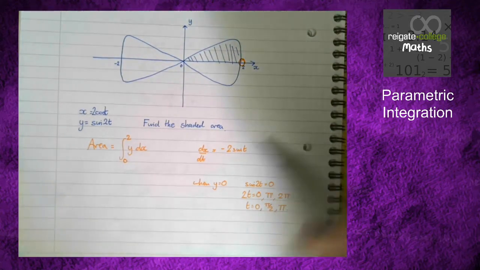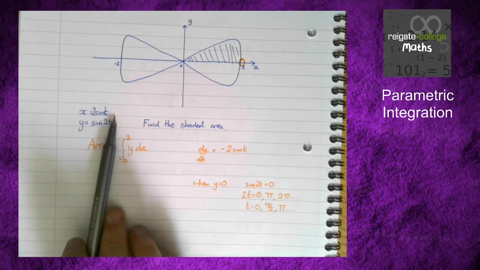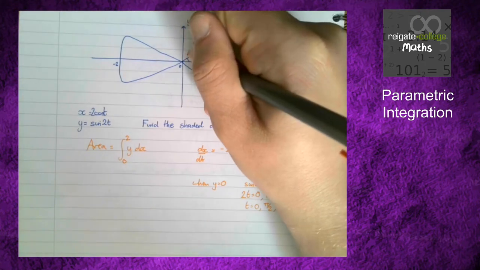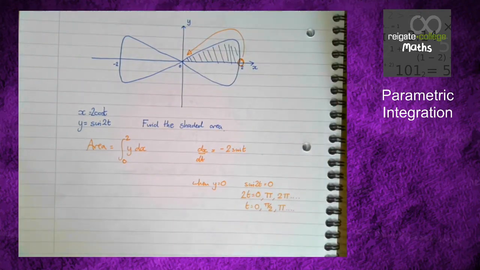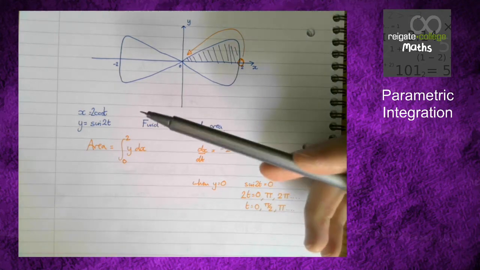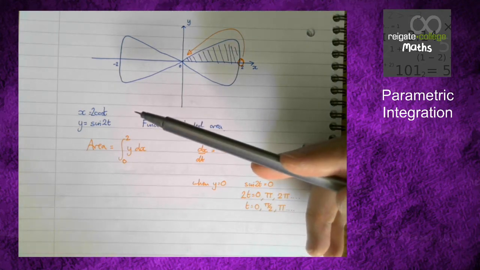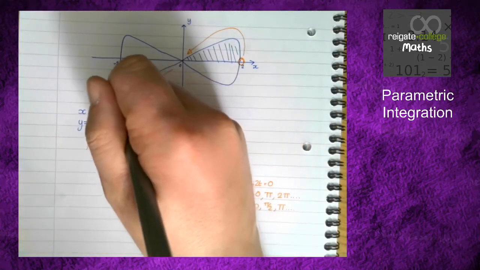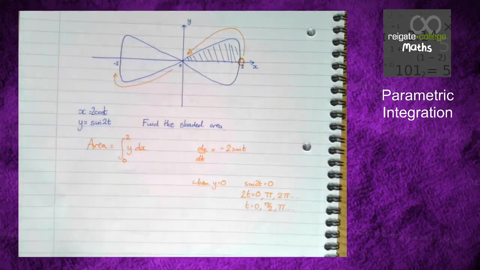Then when t is pi over 2, x is 0. So our graph is going in this direction. Then when t is pi, x is minus 2, so we're coming this way, and so on.